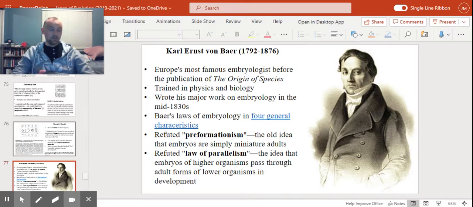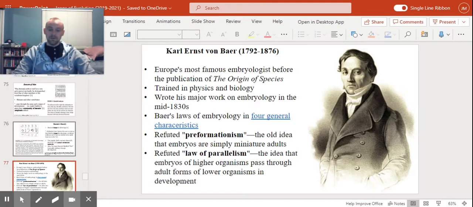The thought back then was that embryos are just really small versions of what they develop into as adults. He showed that wasn't the case. They look a lot different.